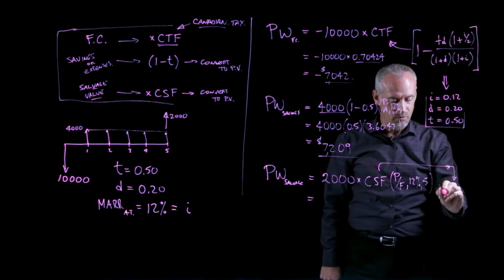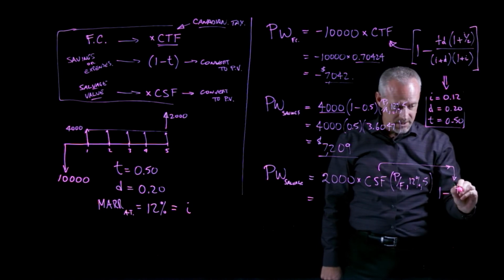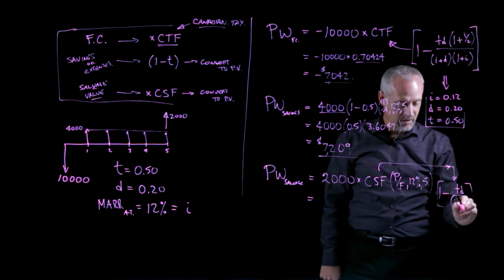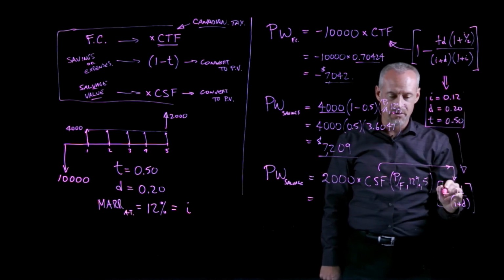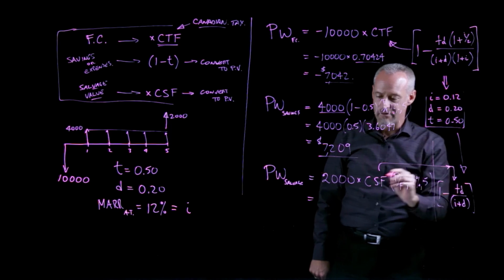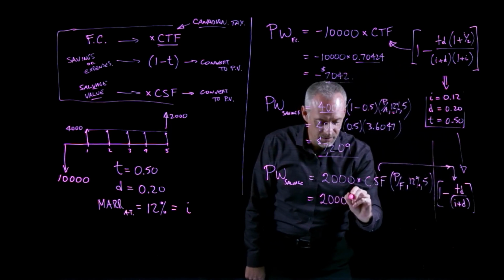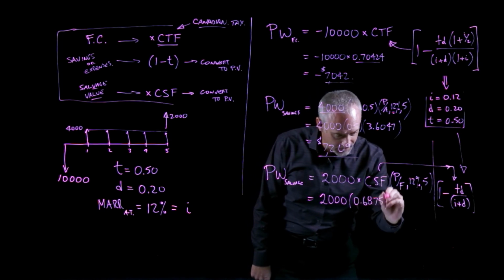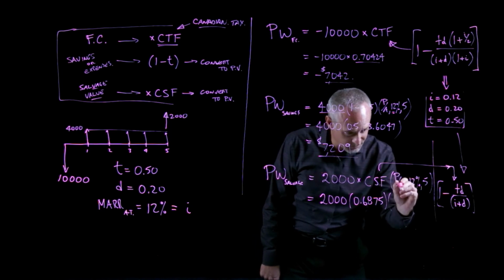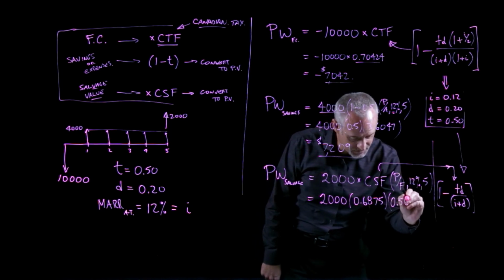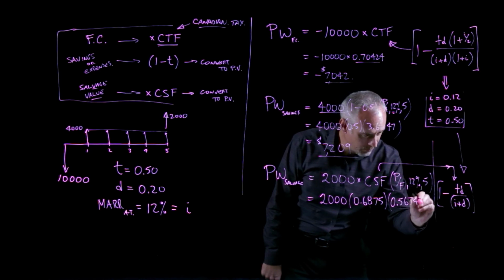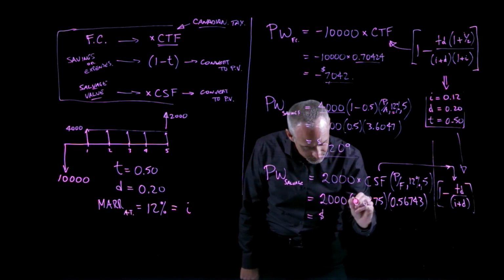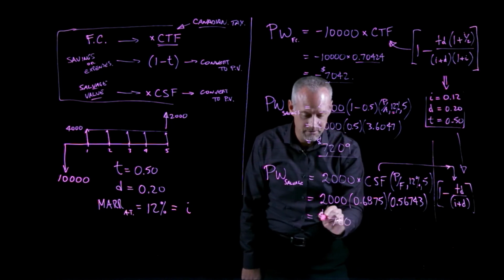I'll put it down here. 1 minus TD divided by I plus D. Again, plug these numbers into this capital salvage factor and see if you can get the same value that I did, which is 0.6875, and my compound interest factor for P given F is 0.56743, which gives me a present worth of the salvage of $780.